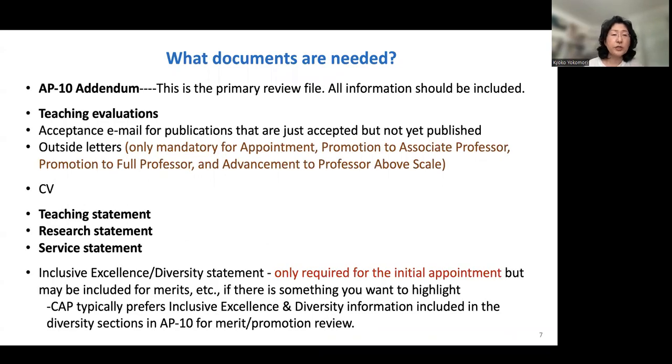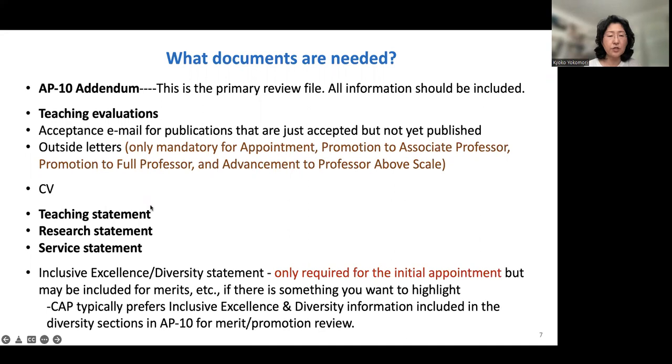So in your dossier, you're going to have this AP-10 form that's the main topic of today's session, and the official name is AP-10 Addendum. In addition, you have to provide 2 pieces of evidence for teaching, for proper evaluation of teaching. That includes the teaching evaluations from the students, mentees, and also the reflective teaching statement.